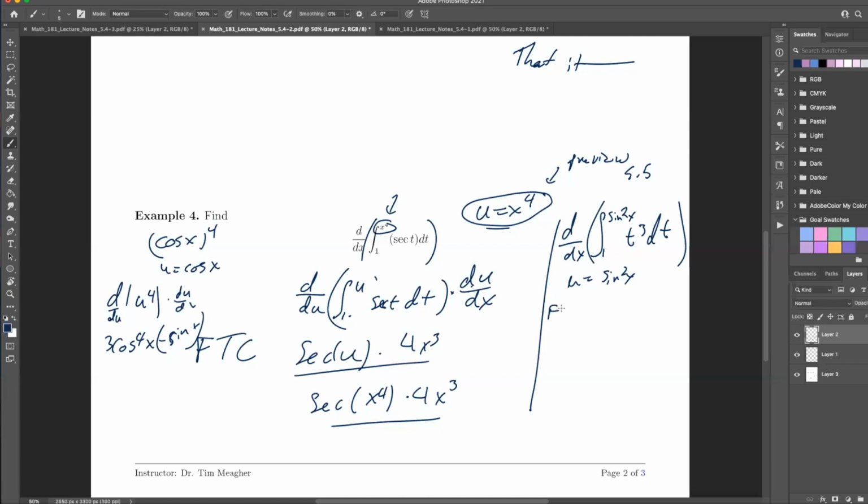This, according to the fundamental theorem of calculus, would be u cubed, right? All this would be times du dx. And in this case, we'll just have to take the derivative with respect to x. And what does this become? So sine squared x. Well, here I'd have to do another substitution.